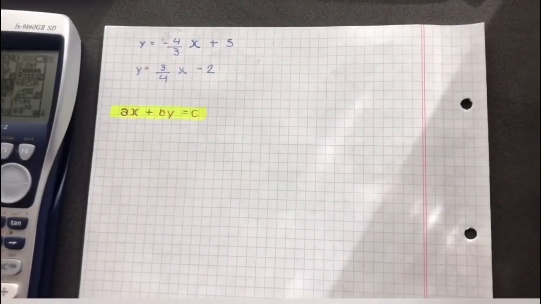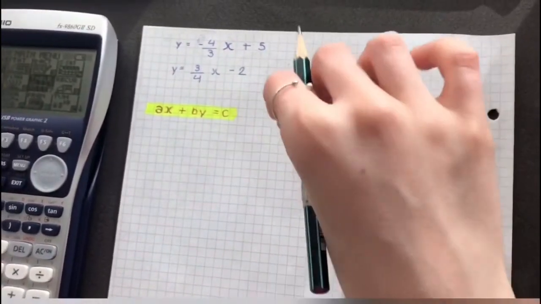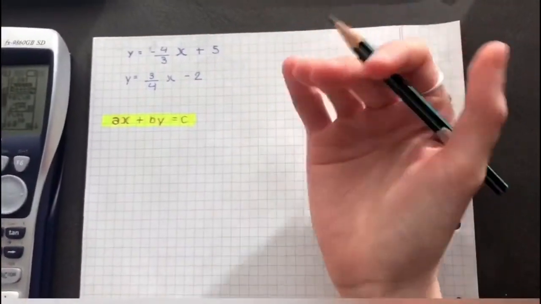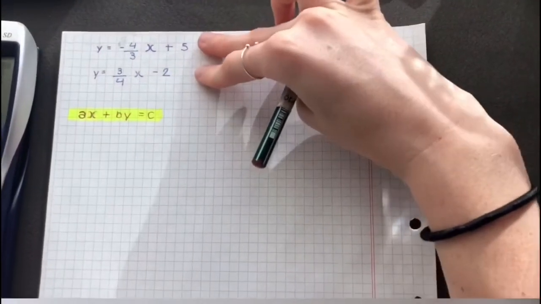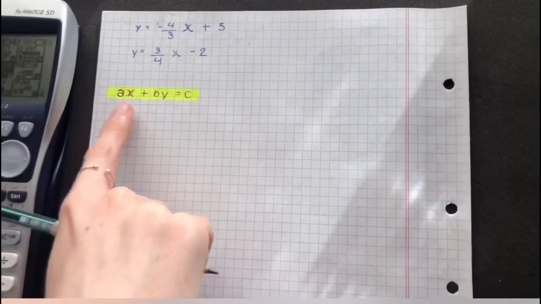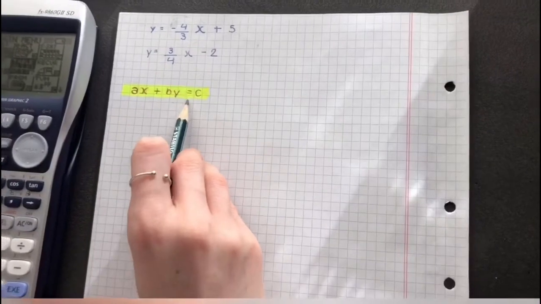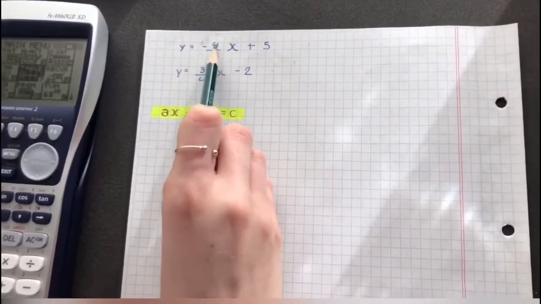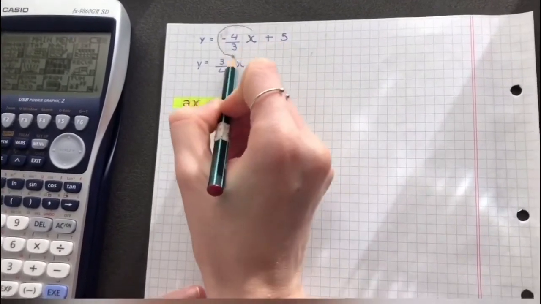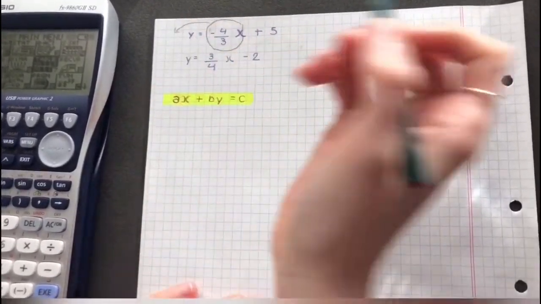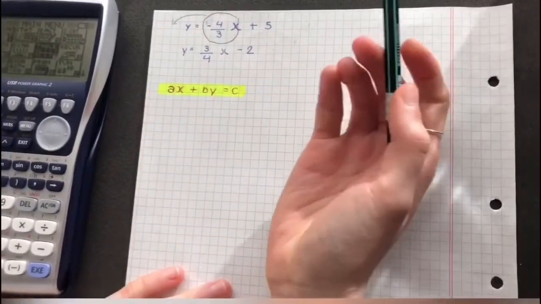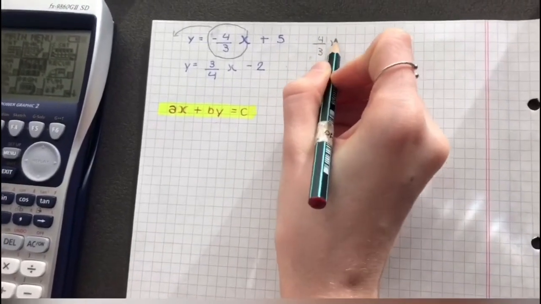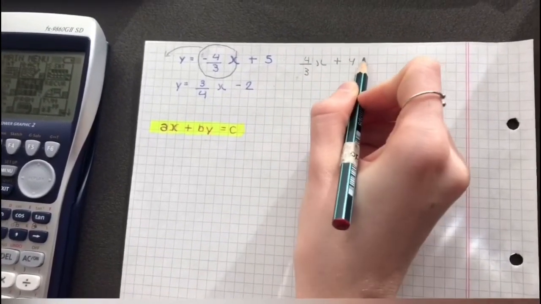Okay, so another way of finding out the coordinates of the point of intersection is by using the calculator. But for this, we need to convert these two equations to this form. The form is ax plus by equals c. So we're going to pass the minus 4 over 3x to the left side, and we have to change the sign, and this gives us 4/3 x plus y equals 5.